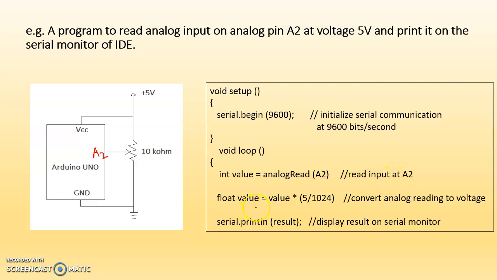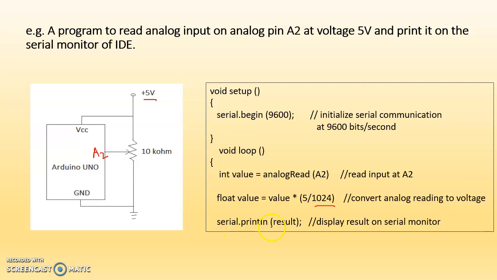Then the command is there, float result equals value multiplied with 5 by 1024. We have just seen this formula to convert analog reading to voltage, because 5 volt is the reference voltage given here, and this 1024 is the total number of steps for 10 bit, as it is a 10 bit ADC. So it will be 1024.